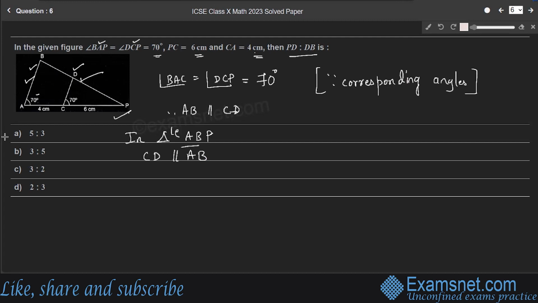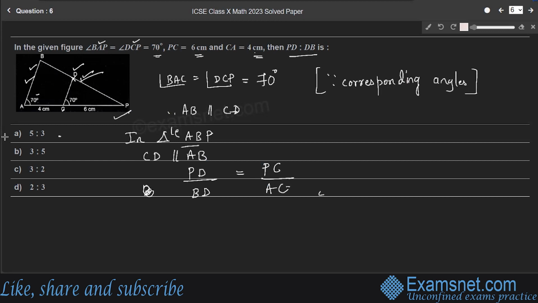Here CD, this line is intersecting other two sides BP and AP in two distinct points, D and C respectively, right? Then the other two sides are divided in the same ratio. So in the given triangle, we'll consider first PD, PD by BD is equal to PC by AC.